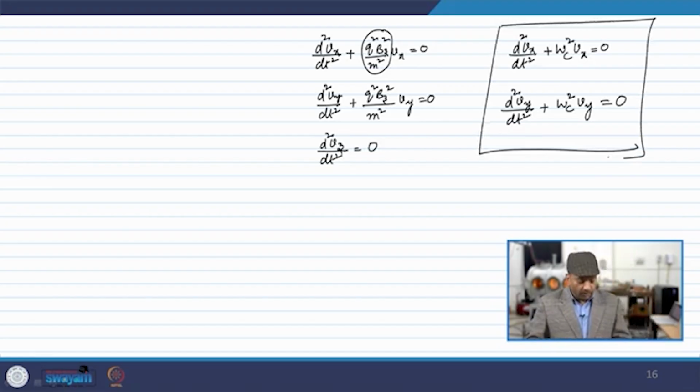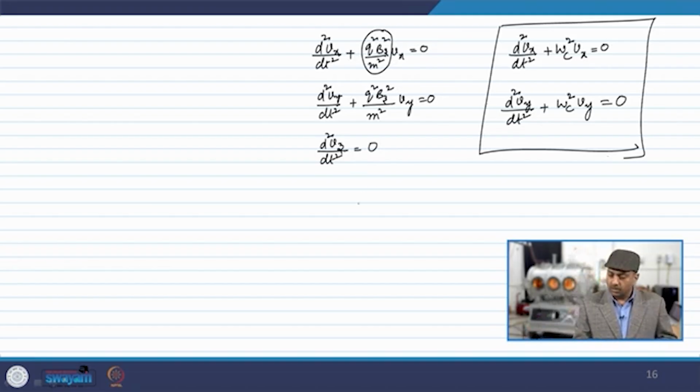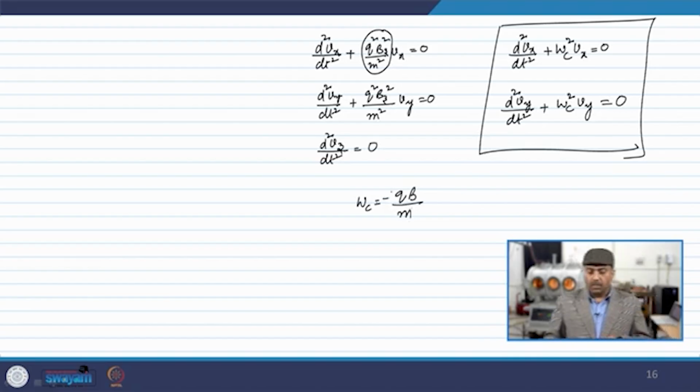Now, it is very important for us to understand what this omega c is. As for this substitution, omega c is qB by m. Let us make the sign explicit on the right hand side, so omega c is minus qB by m. This is angular frequency, no doubt, and it is conveying a powerful message actually.